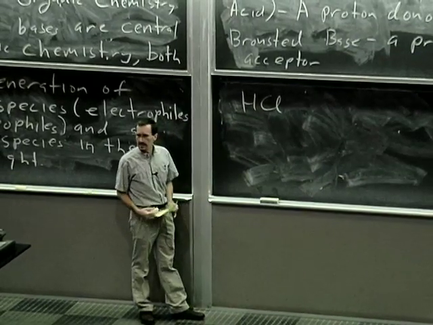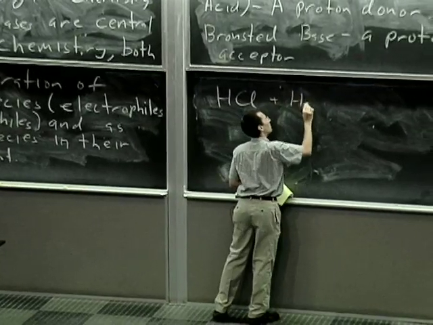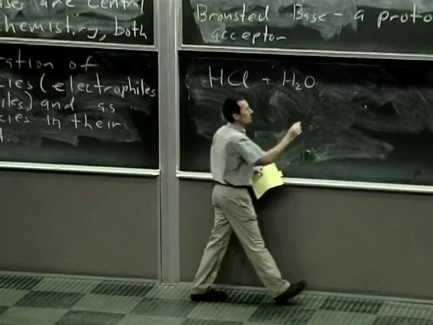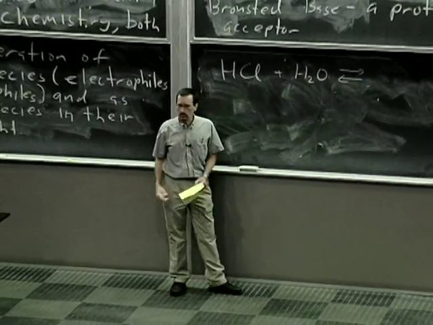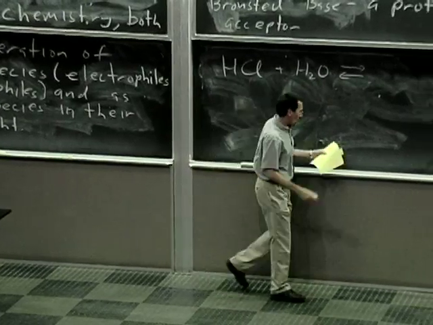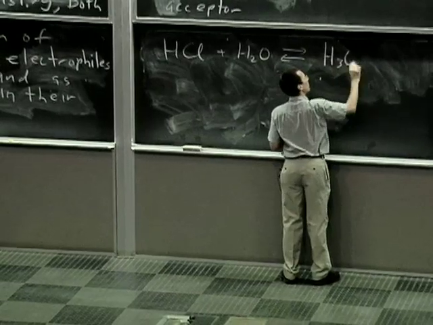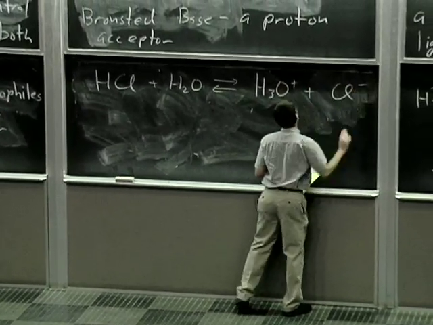Hydrogen chloride is a gas. When you dissolve it in water, they react. You have an equilibrium. That equilibrium happens to lie very far to the right. You form H3O+ and Cl-.